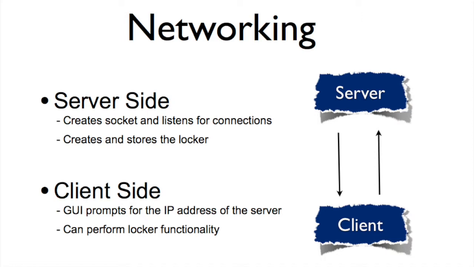For our data deduplication, we implemented networked access through a client and server side socket setup. The server side creates a socket and then an input and output stream. Server side prompts the client, once a connection has been made, to either create or open an existing locker. Client side connects to the server through a GUI by prompting for the IP address.